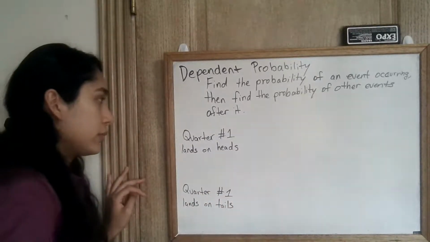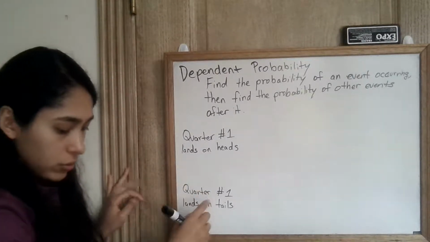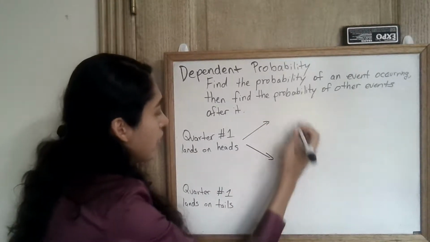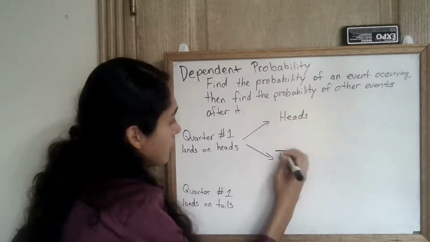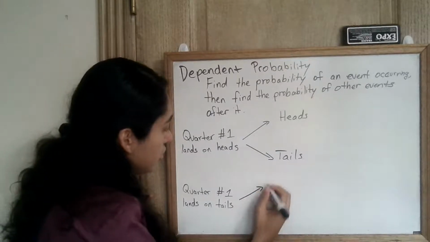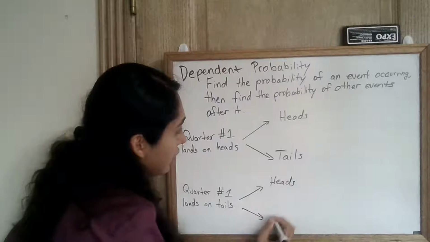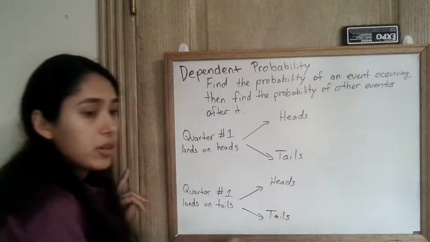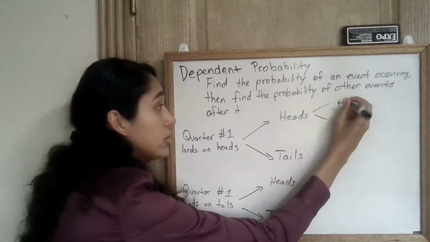Now from here, we get a second quarter, and that one could be heads or tails. Over here, again, we flip it again, and we'll get either heads or tails. And if we want to keep on going, we can get more heads or tails.